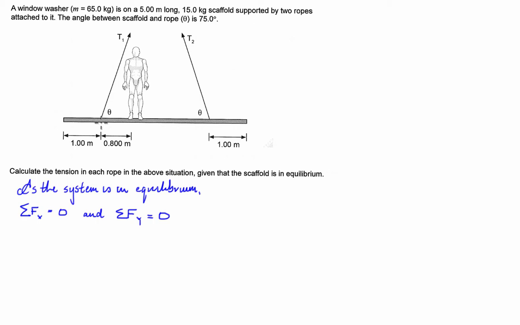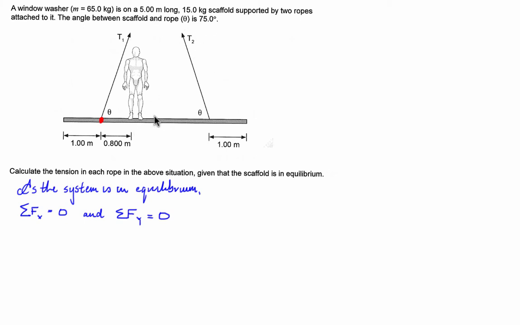So I'm going to pivot about this point here. When considering the torques, I'm going to have the mass of the window washer as well as the mass of the scaffold going in the clockwise direction, and in the anti-clockwise direction, the torque provided by the tension in this wire.